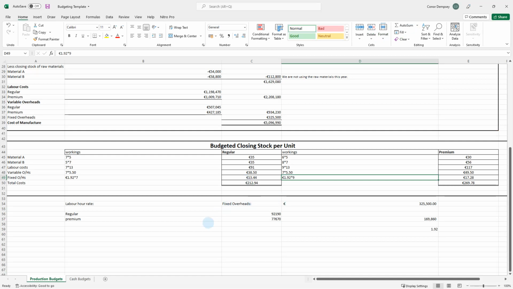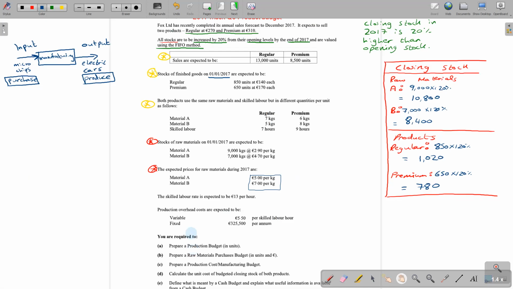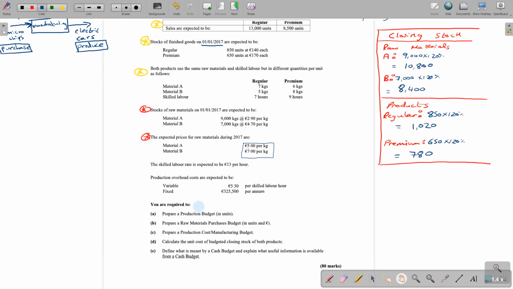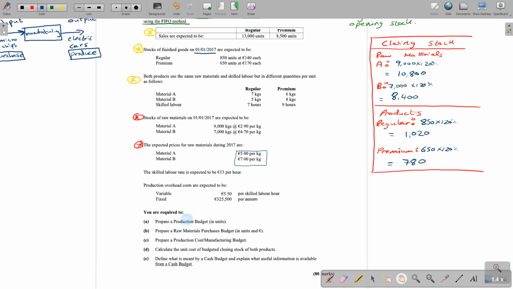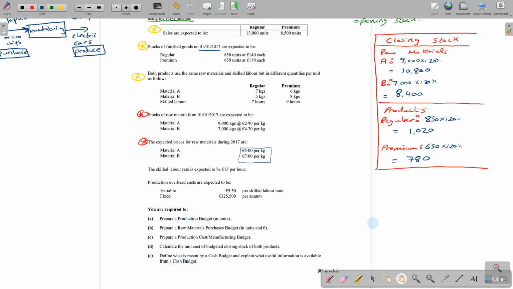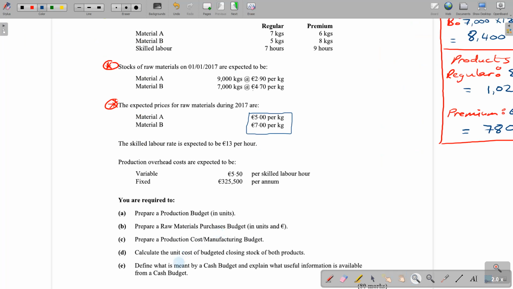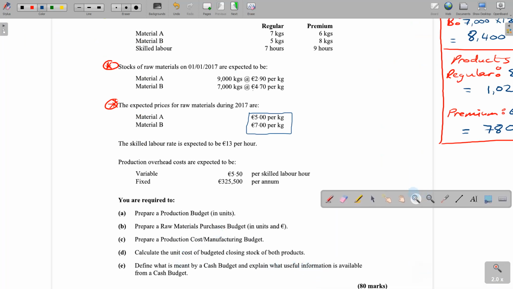That's the majority of the marks, but we still have another question to do. So, we are told to define what is meant by cash budget and explain what useful information is available from a cash budget. So, we will take this and we will push it over to the next part of the question and answer it from there.